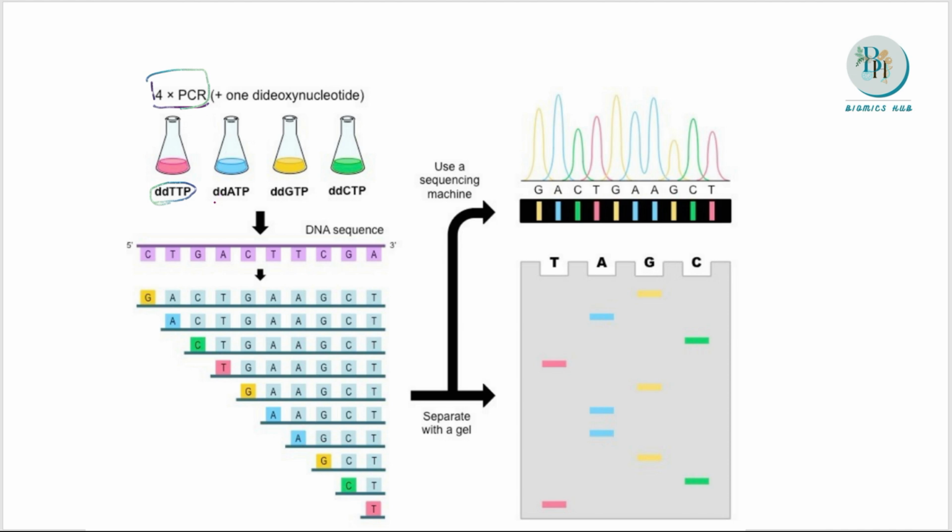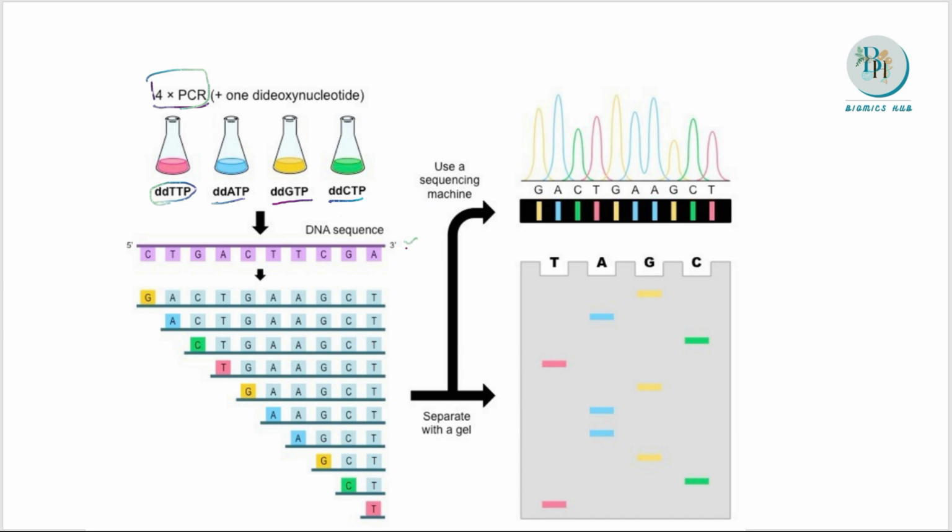In the second tube, ddATPs are attached, that is dideoxyadenine triphosphate. In the third tube, ddGTP, that means dideoxyguanine triphosphate. In the fourth tube, ddCTP is attached, that is dideoxycytosine triphosphate.